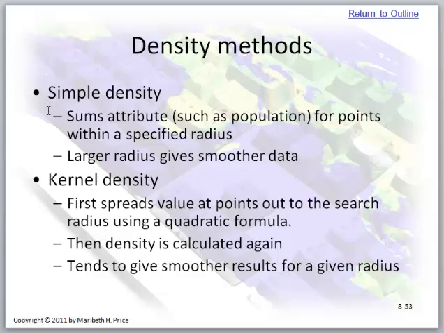Simple density sums the attributes, such as population, for points within a specified radius. A larger radius gives smoother data. Kernel density first spreads out values at points out to the search radius using a quadratic formula, and then density is calculated again. This tends to give smoother results for the given radius.